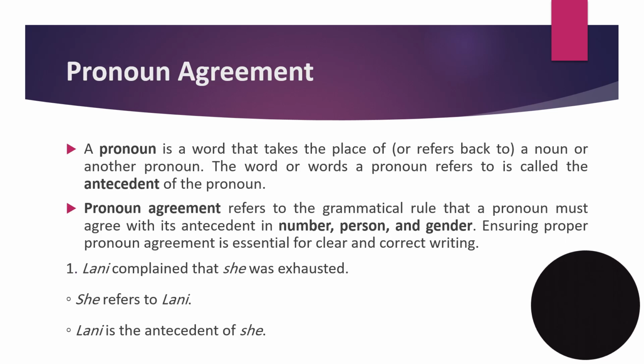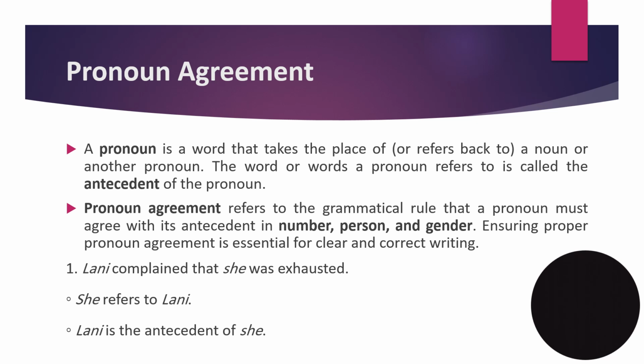Pronoun agreement. A pronoun is a word that takes the place of or refers back to a noun or another pronoun. The word or words a pronoun refers to is called the antecedent of the pronoun.